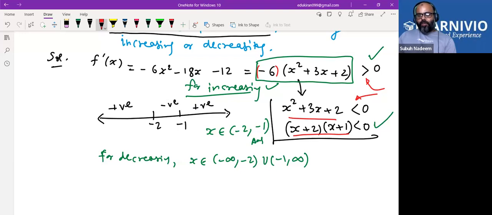Minus 2 and minus 1 are on the number line, and the sign is positive, negative, positive, because the rightmost region is positive. Where it is less than 0, x belongs to (-2, -1).